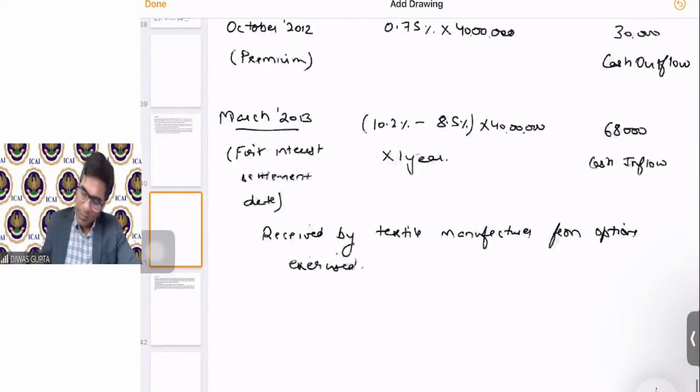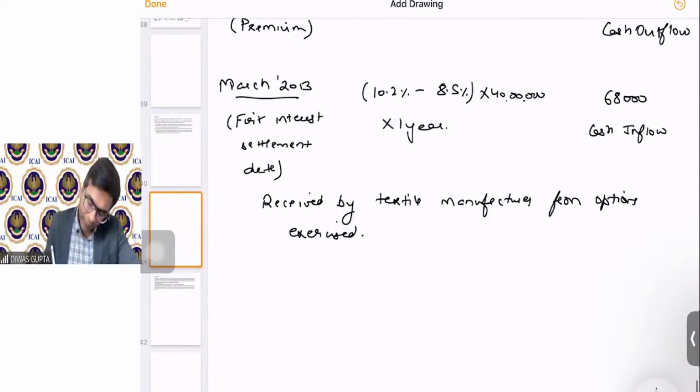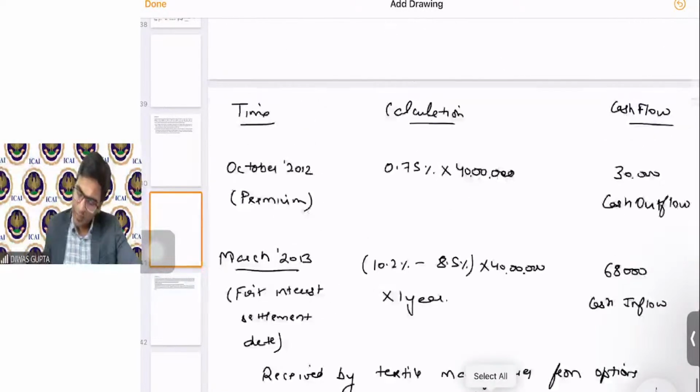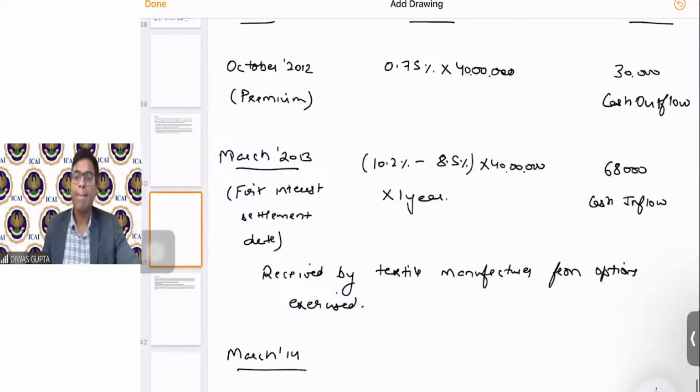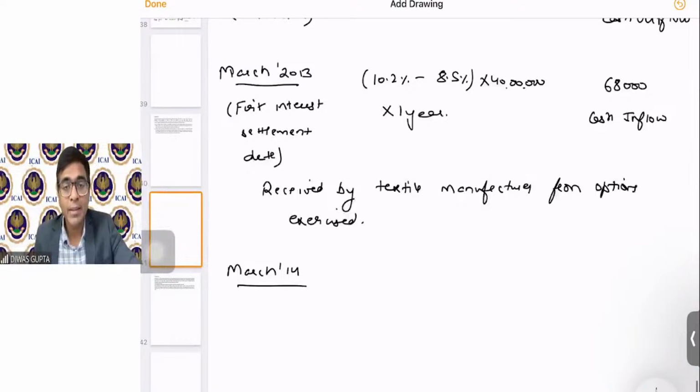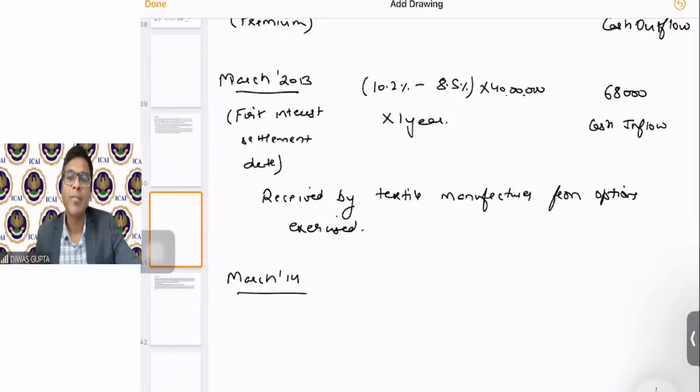Then for March 2014, what is the interest rate? 11.5. Again, the option is an in-the-money option because the strike rate is 8.5. Actually, the interest rate has gone up to 11.5.